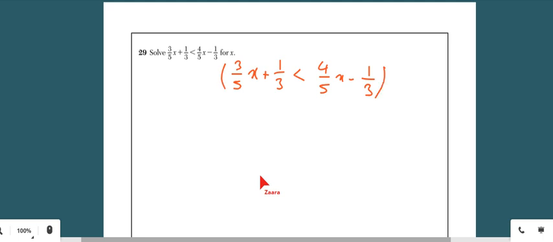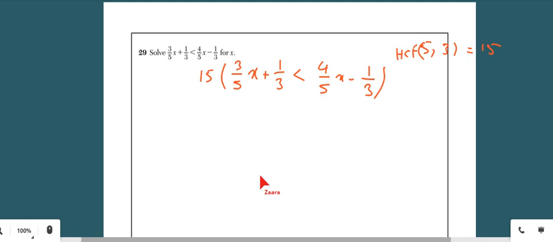Okay, why am I doing that? Because I just wanted to get rid of these 5s and 3s, and the HCF of 5 and 3 is 15, so I multiplied with it.